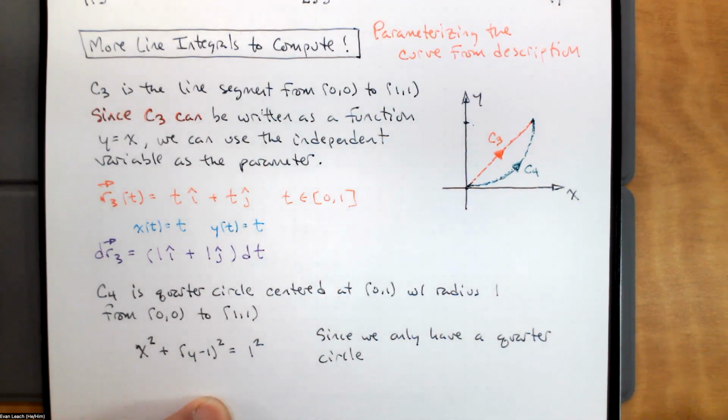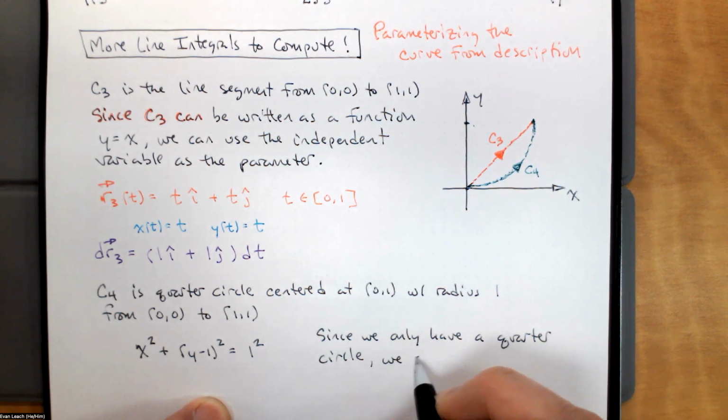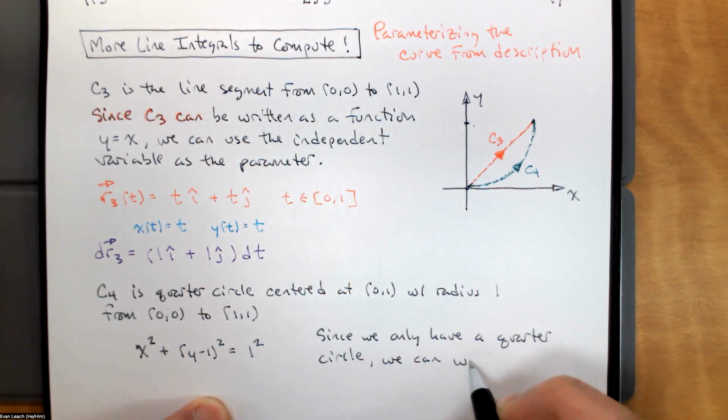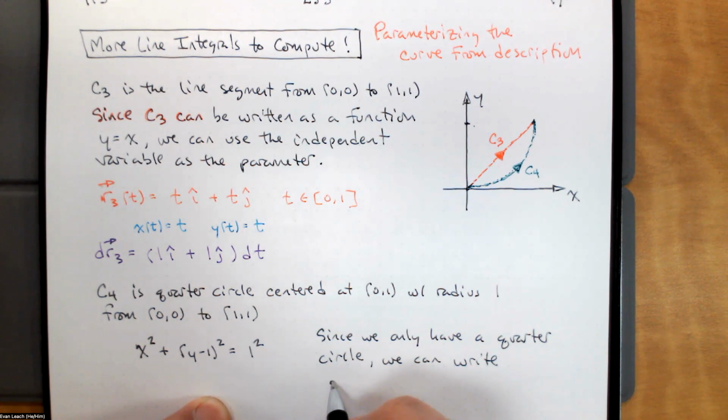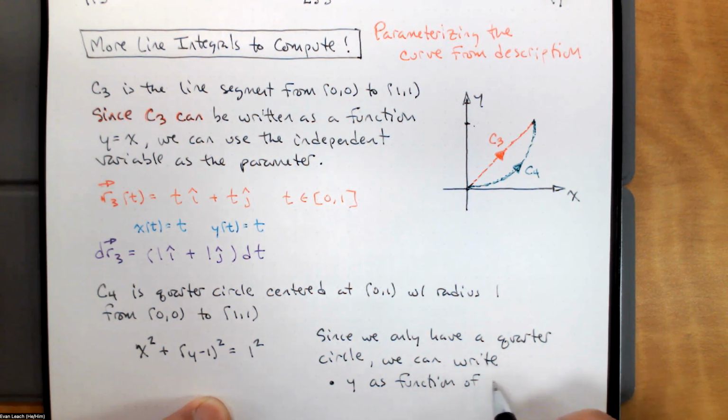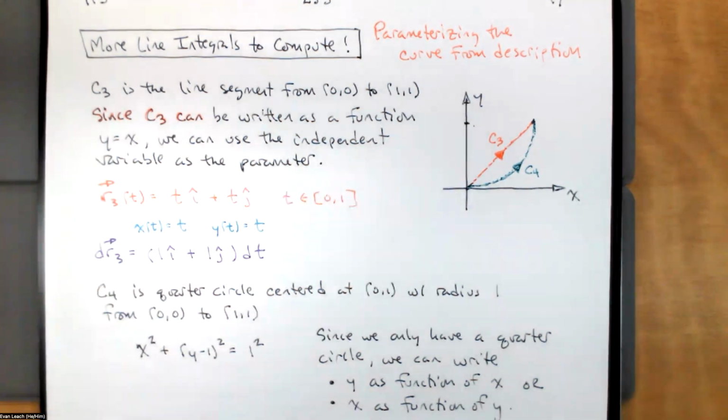Since we only have a quarter circle, we can write y as a function of x, or we can write x as a function of y.